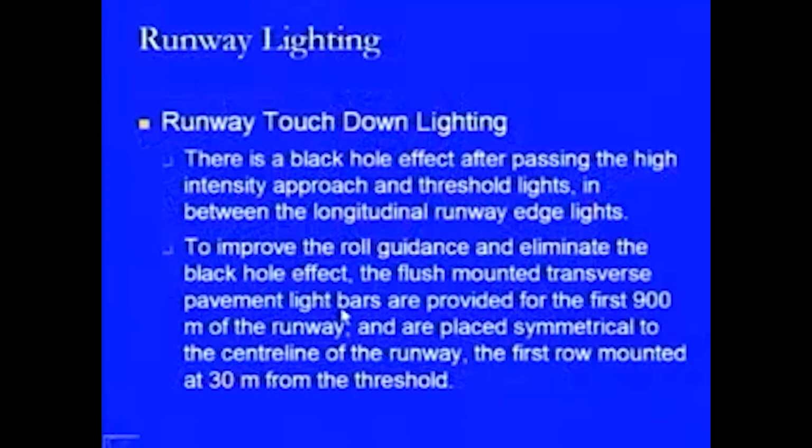To improve the roll guidance, so that the pilot understands which way they are going down, and to eliminate this black hole effect which gets created after the high intensity lights, flush mounted transverse pavement light bars are provided for the first 900 meters on the runway. These are placed symmetrically to the center line of the runway, as we have discussed for the threshold markings, with the first row mounted at 30 meters from the threshold.